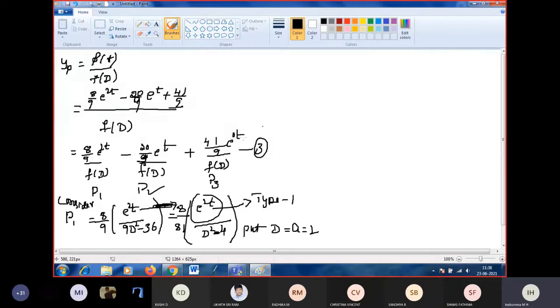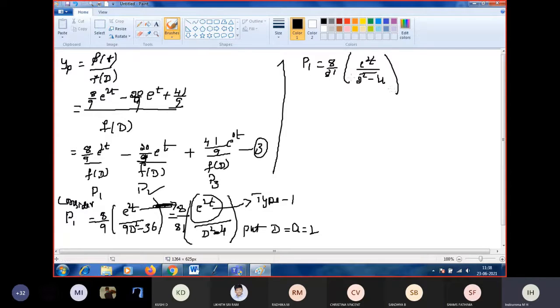So next, simplification. P1 is equal to 8 by 81 into e power 2t divided by D square, that is 2 square minus 4. What is 4 minus 4? 0.